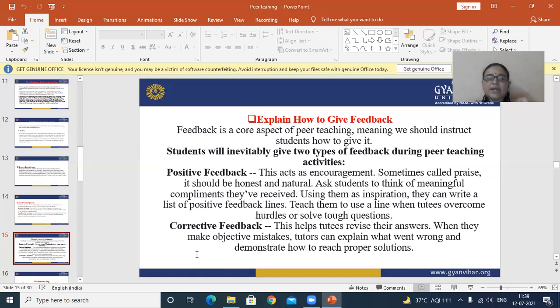They can write a list of positive feedback lines, and teach them to use a line when tutees overcome hurdles or solve a tough question.